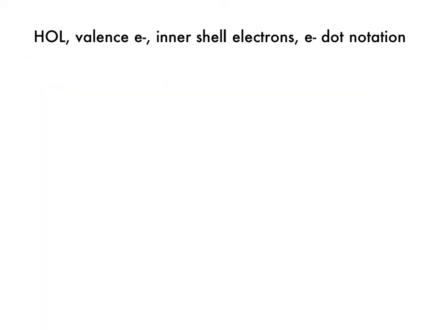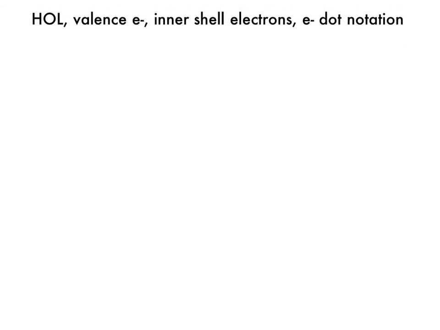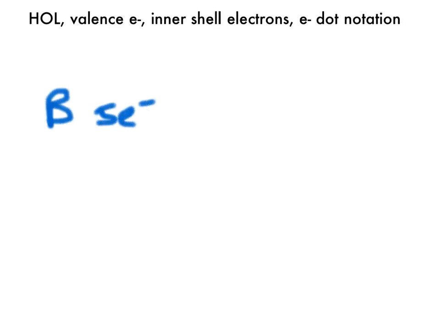Now, if we want to do highest occupied level, valence electrons, inner shell electrons, and electron dot notation, let's take boron. Boron has 5 electrons. And so its electron configuration would be 1s2, 2s2, 2p1.